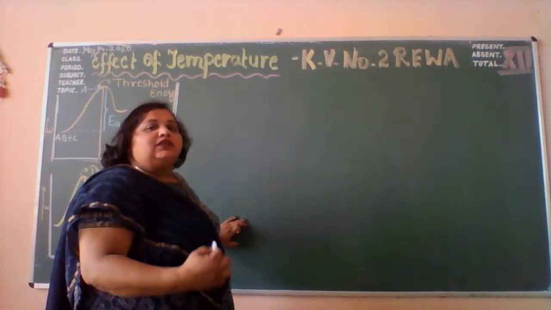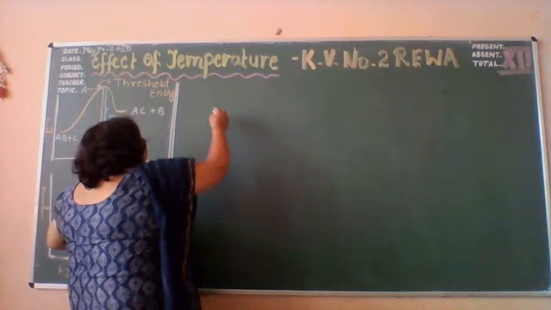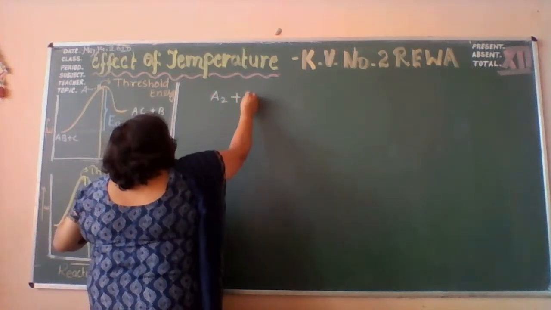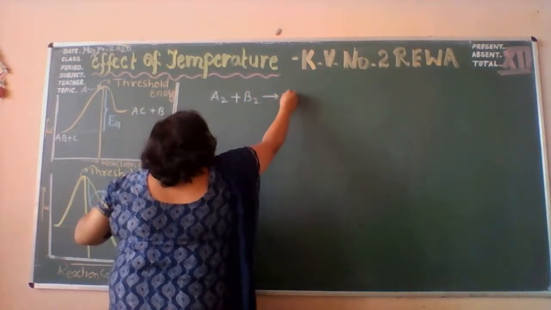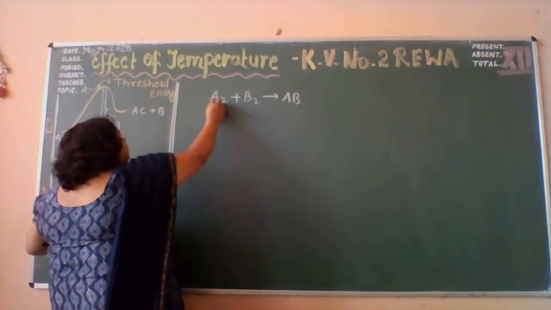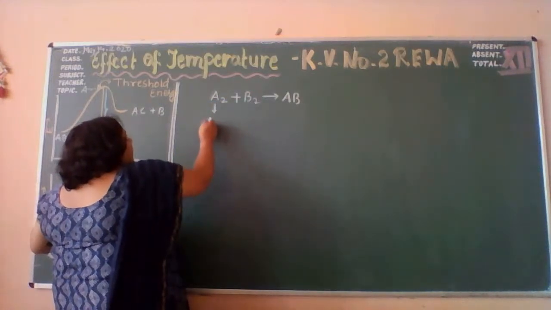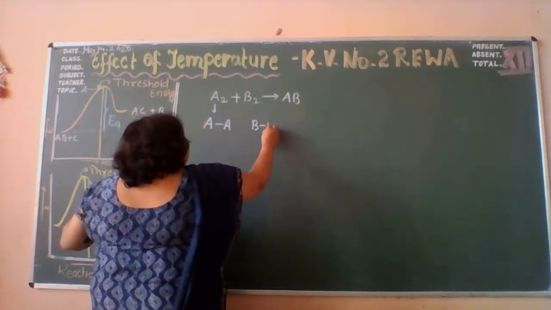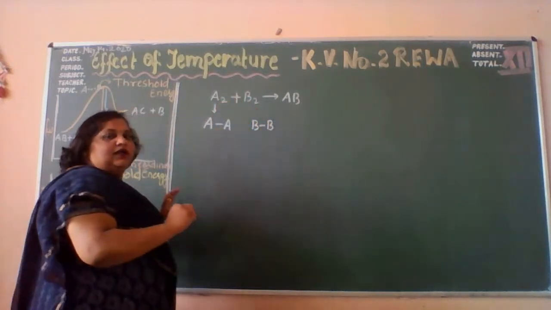What happens? The bonds exist between the reactants, A2 plus B2 gives AB. If AB is going to form, what will happen? The bond between A and A, and B and B, exists, right?